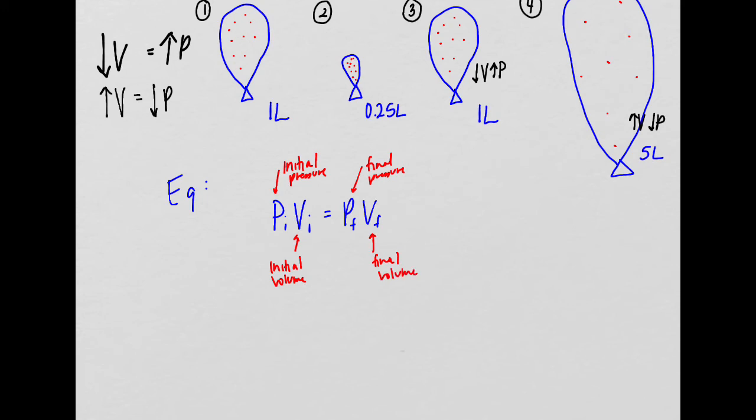You might also see me write this as P1V1 equals P2V2. You'll see it that way as well, and it means the same thing. So the first pressure and volume and the second pressure and volume. Okay, so these are the same. You can use either one, all right?